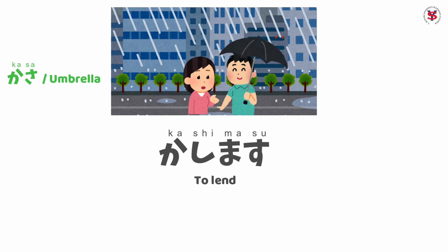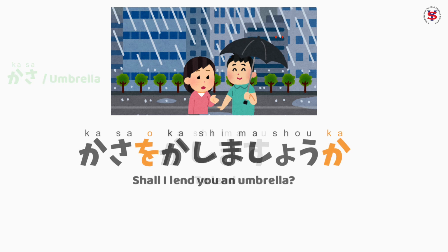Now, sundan lang natin ang pattern natin. So, mauuna ang object natin and as always, nasa huli ang verb. So, kasa o kashimashou ka. Shall I lend you an umbrella? So, pahiramin kaya kita ng umbrella.